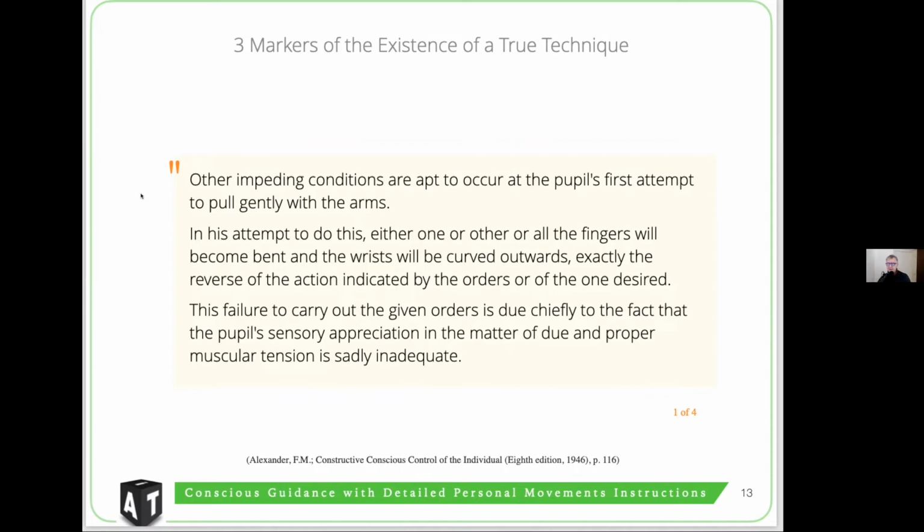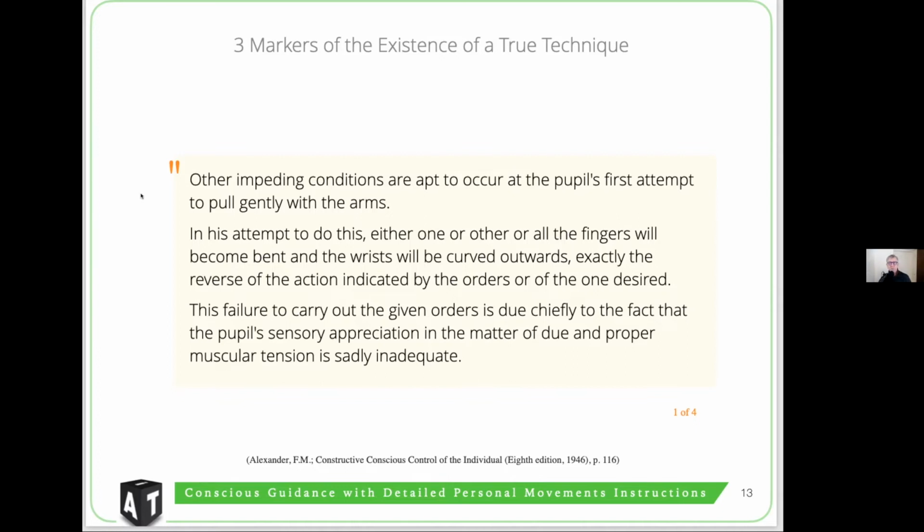When I see this sentence, or sentences, there are three sentences, I see in fact three markers of the existence of a true technique. The term technique means art of construction. So you're supposed to become capable of performing a complex or skilled performance.